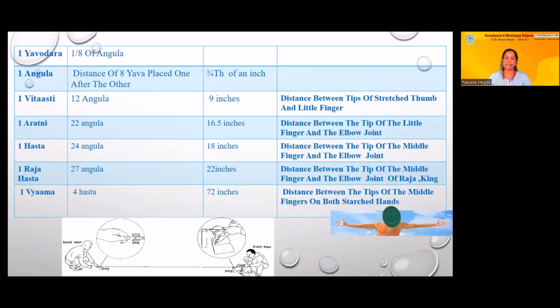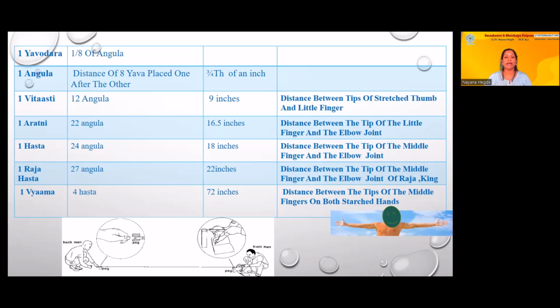Next is Rajahasta, 27 angula, 22 inches, the distance between the tip of the middle finger to the elbow joint of the Raja or king.